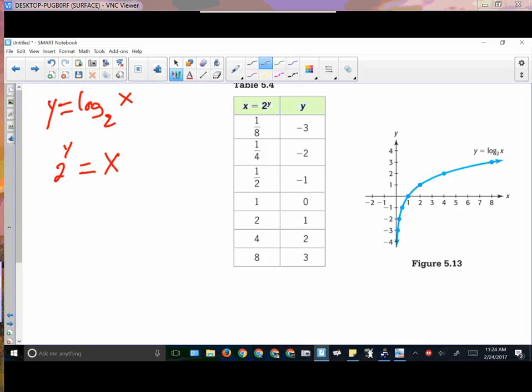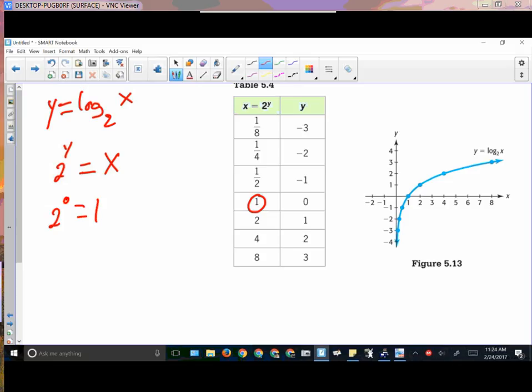So my question would be, what happens if x, say, I want to start off with 1. We'll start off with the easy numbers. I want x to be 1. What does y have to be in order for this relationship to work? Well, it would have to be 0, because 2 to the 0 power is going to be equal to 1. So I've got my coordinate.